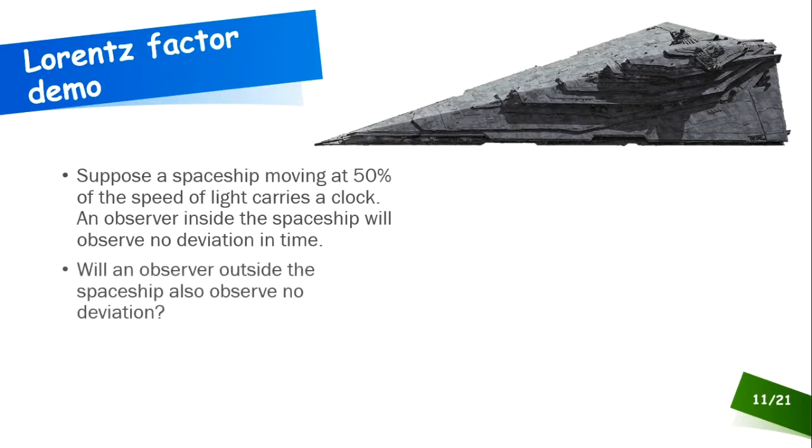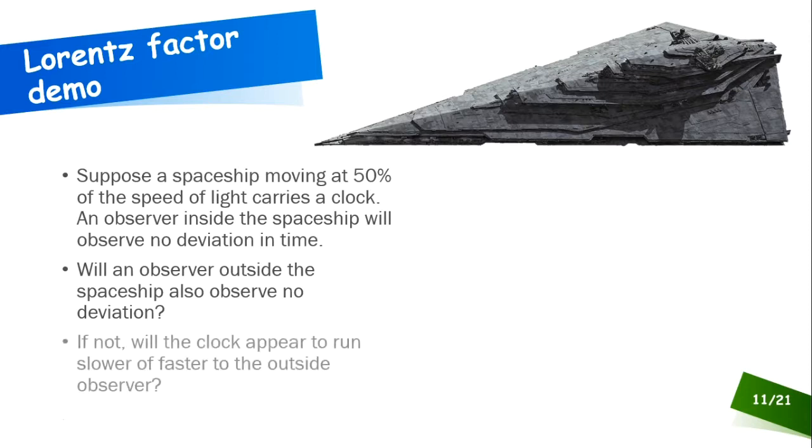So, will an observer outside the spaceship also observe no deviation? That's the question. Well, to answer this question, we have to use that time equation that we showed earlier. But if we find that there is a deviation, will the clock appear to run slower or faster to the outside observer?